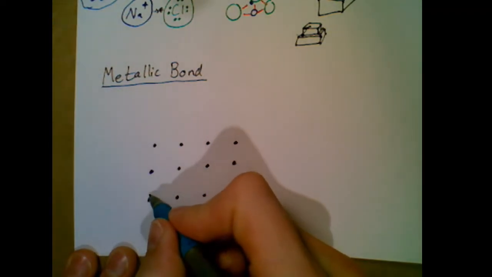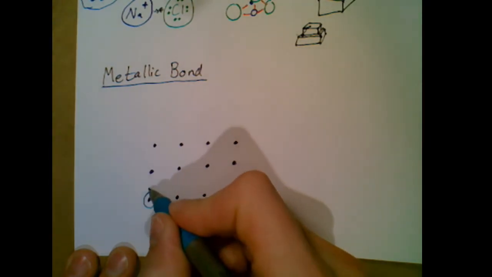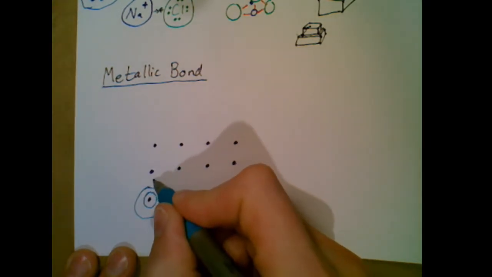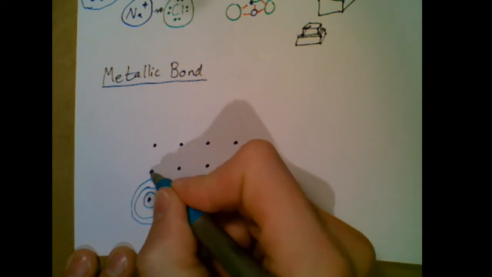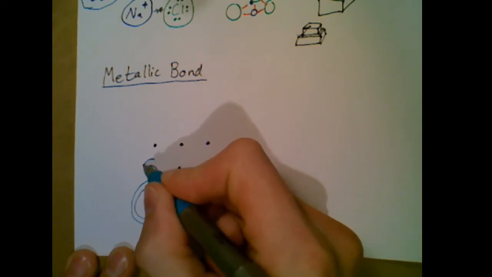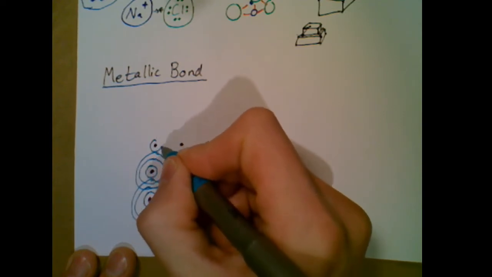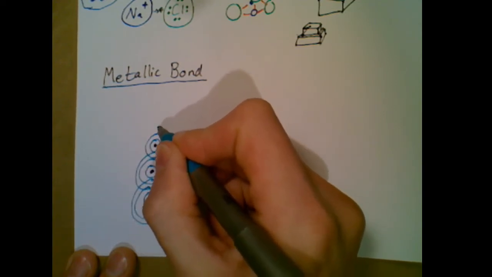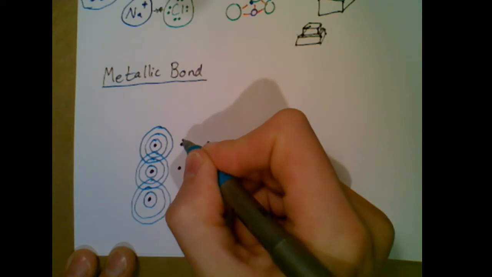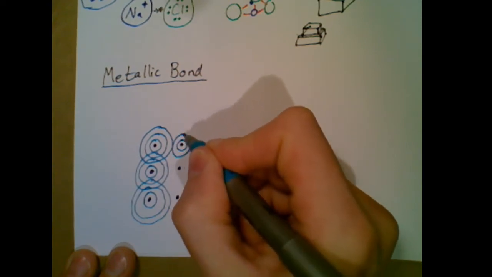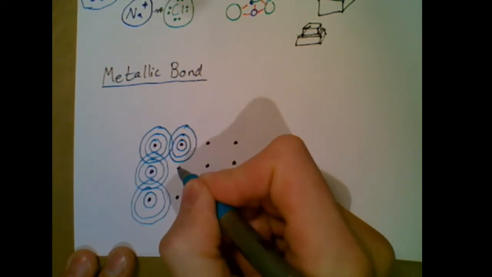Metals have quite a few orbitals, and this is going to look really messy because those orbitals overlap with each other. Because metals have such huge orbitals, their electrons end up overlapping.